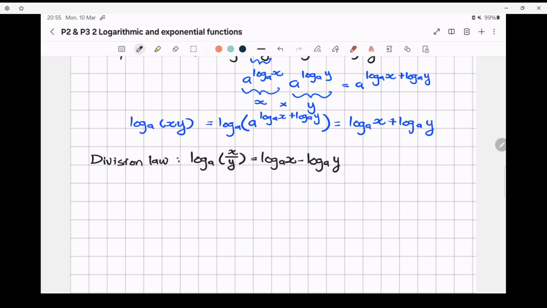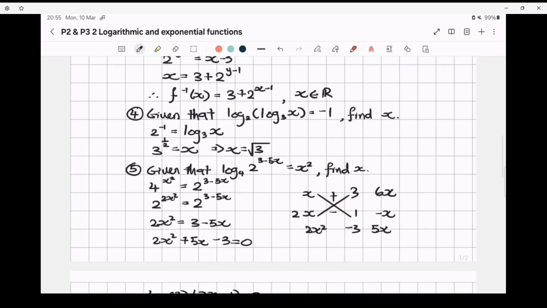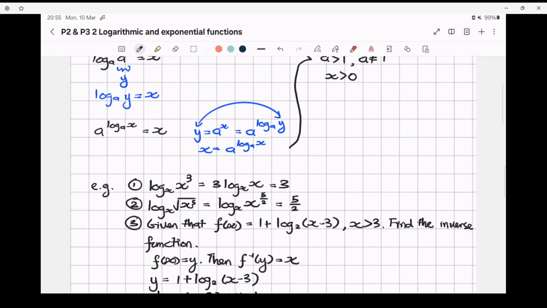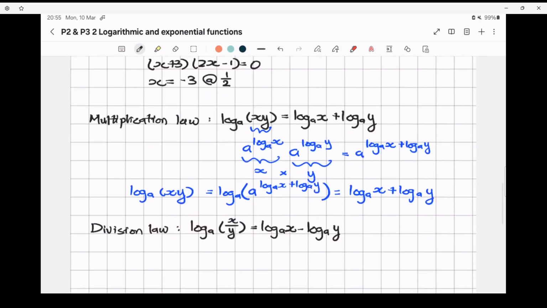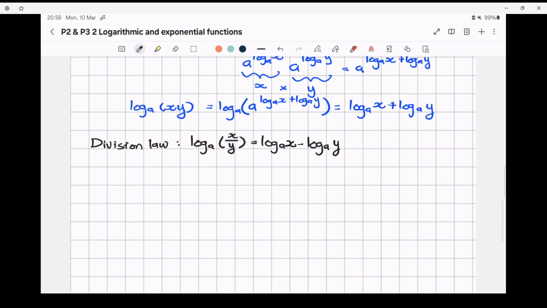So the proof, I will just leave it to you, because essentially you can show that this is indeed the case using the same way as you try to prove the multiplication law.